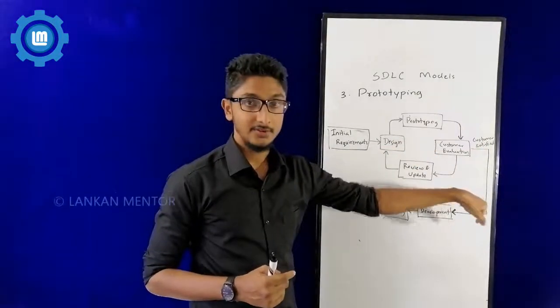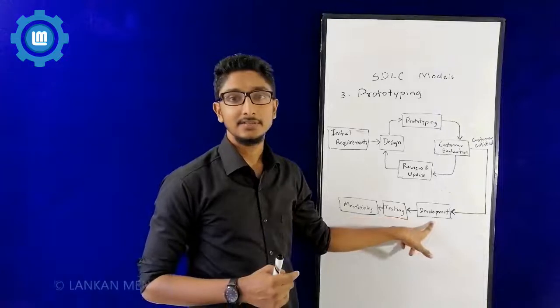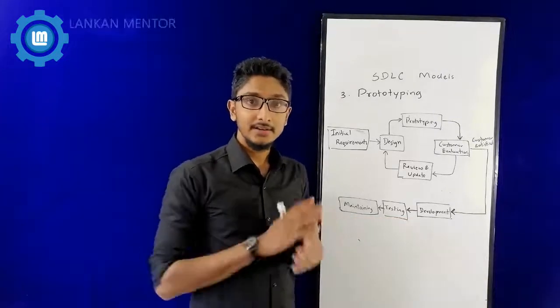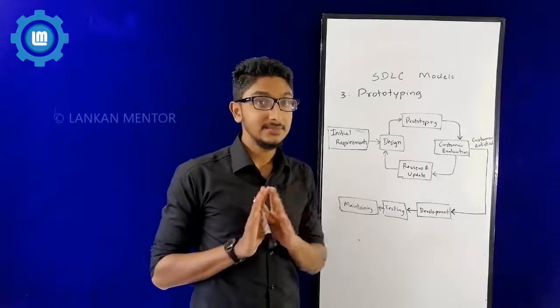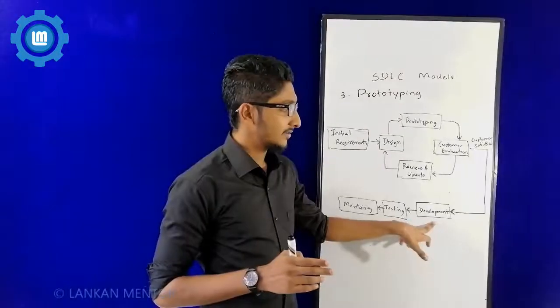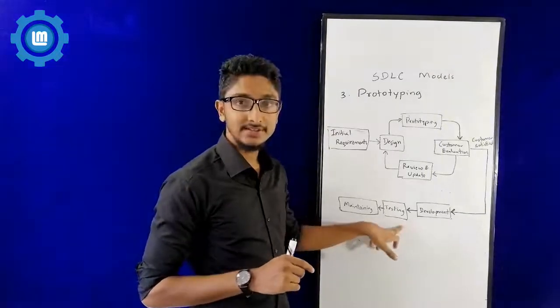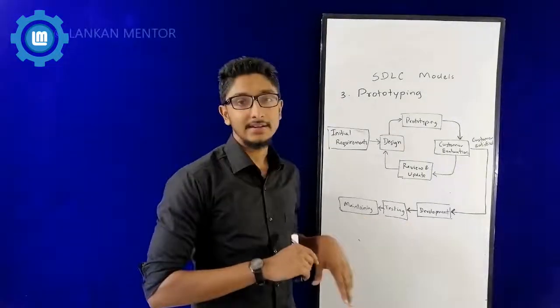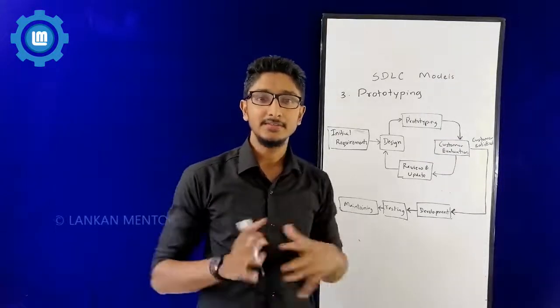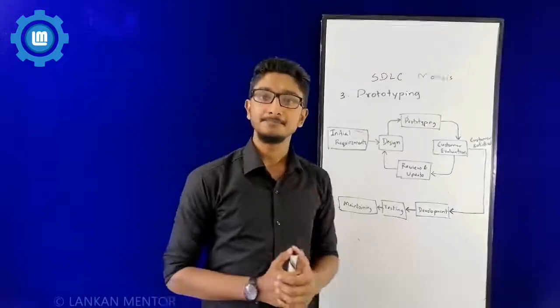you come down to what? Development. Development means implementing it fully. You implement the system because the customer is satisfied. So that is what we want. You develop the system, test it, and then maintain it. Maintenance means deployment and maintenance both come in this step.